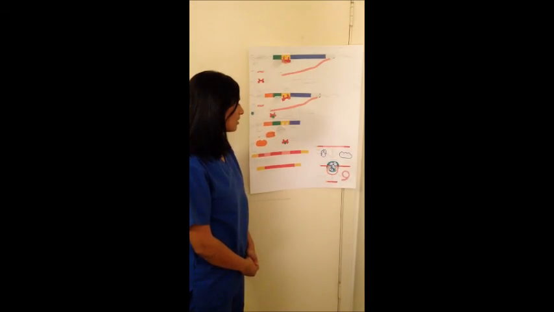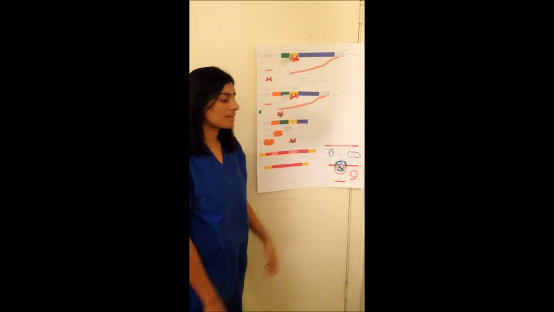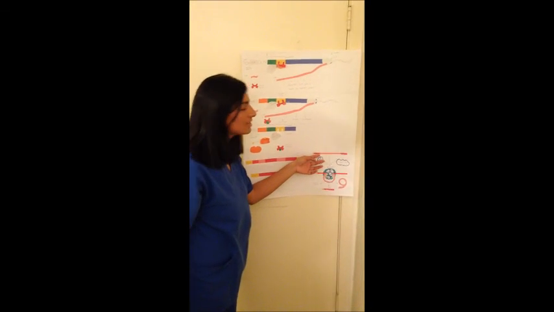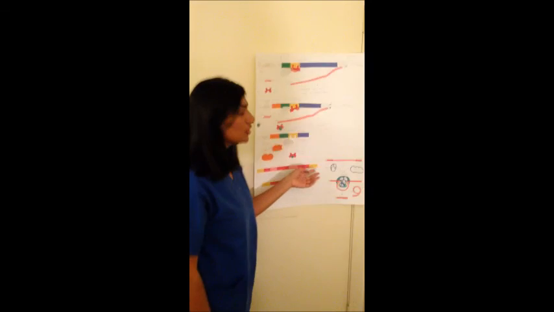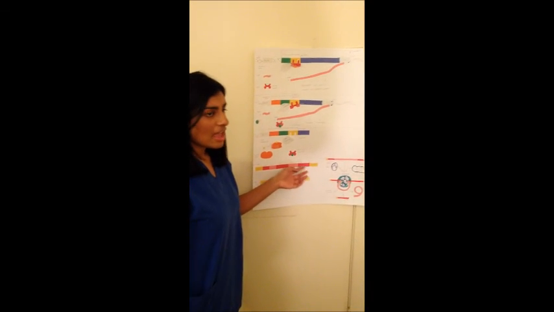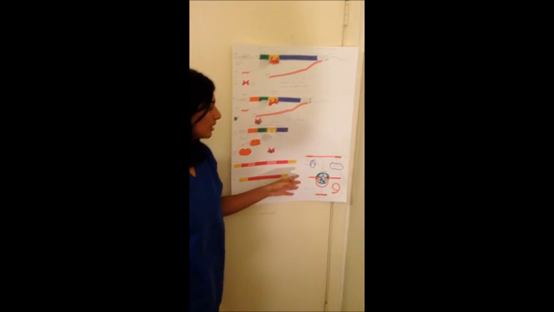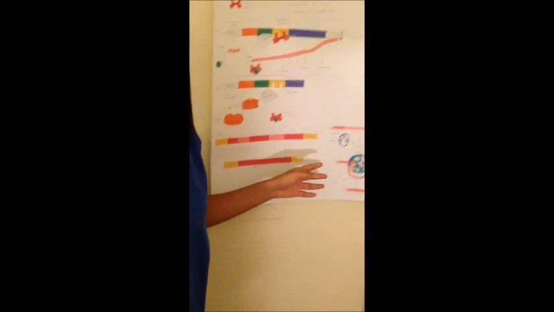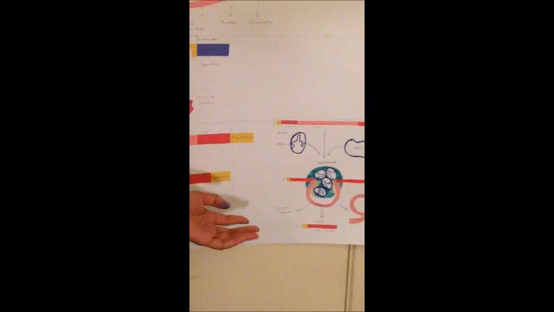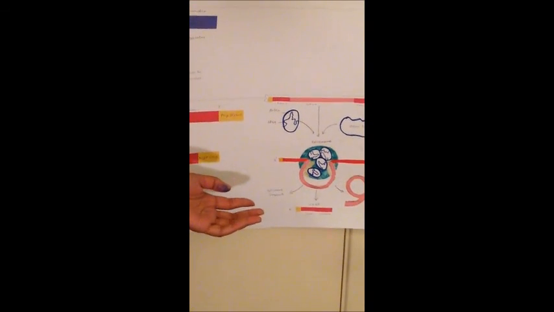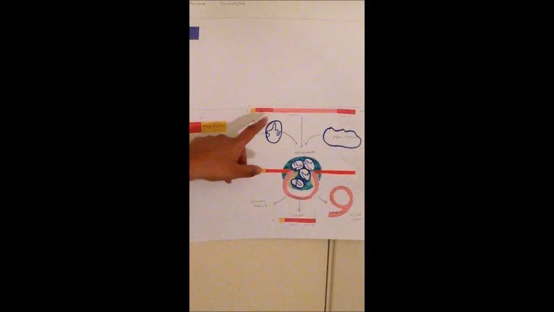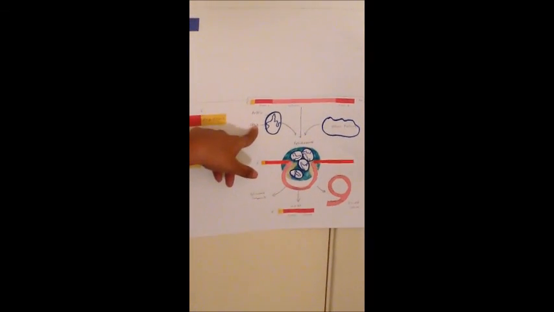The signals for RNA splicing are located at the ends of the introns in short nucleotide sequences, and small nuclear ribonucleoproteins recognize these splice sites. The small nuclear ribonucleoproteins are called snRNPs, and they are comprised of protein and RNA.